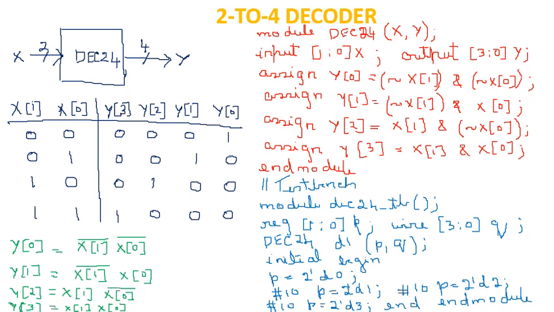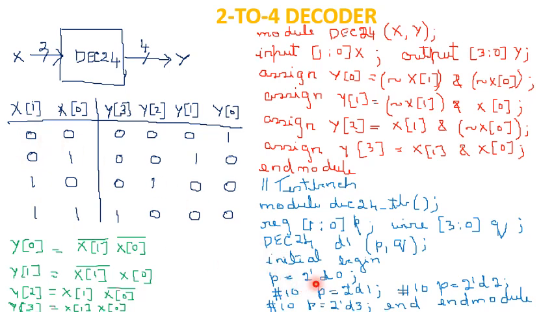The initial block is written here. The 2-bit signal is to be applied the values 00, 01, 10 and 11. Here I have written it slightly differently. P is the input signal. At time t equal to 0, I will give 0, 0.